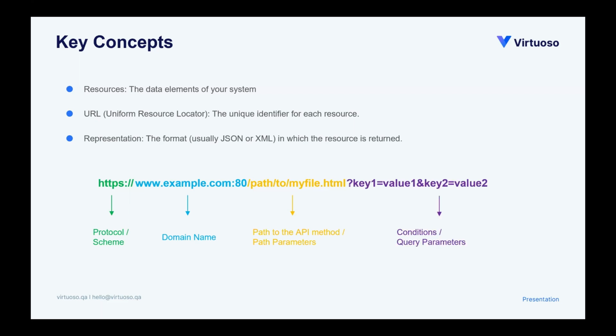Then we have the conditions called query parameters in any API URL. From here you can see that there is a question mark, and then key1 equals value1 and key2 equals value2. You can have as many query parameters as you want in any API URL, which are separated from the path by this question mark, and you can use & to write multiple query parameters.